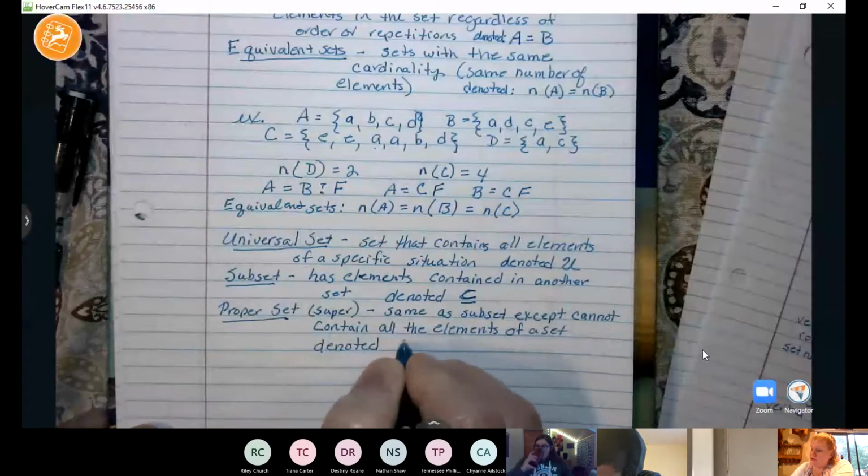This is denoted with just the U on its side.